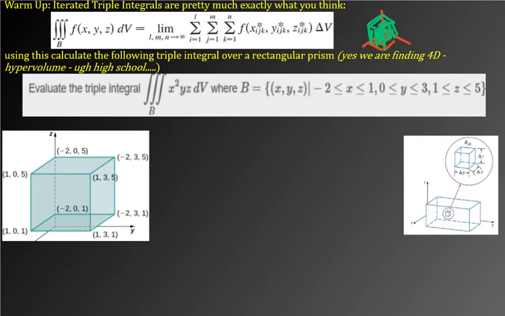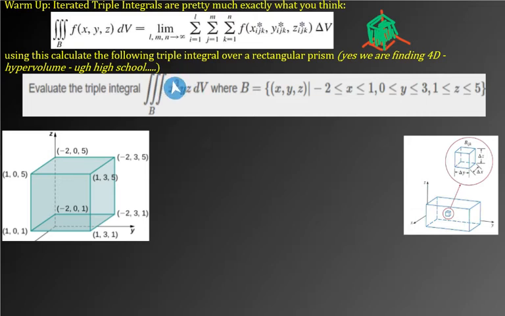You have -2, 0, 1 as the lower bound in the bottom corner, and you can see how these points correspond. Before we were integrating over 2D objects. Now we're integrating over 3D objects, so I am literally going to find the amount of hypervolume below this, above this thing.